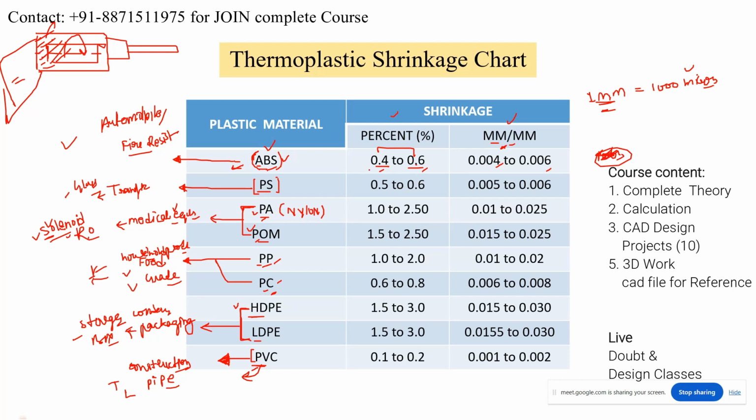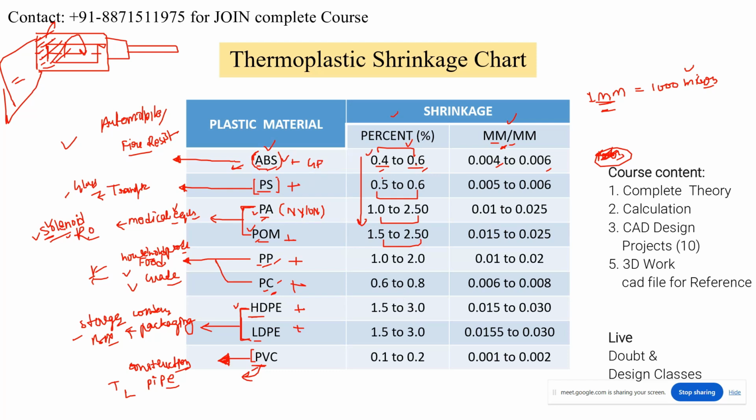Okay, so for every material this is the range, but it can vary depending upon the composition. If we add some material into this plastic material, into this specific material, then basically this shrinkage percentage can change. For example, if we add some percentage of GF material, the glass fiber material, it can change.